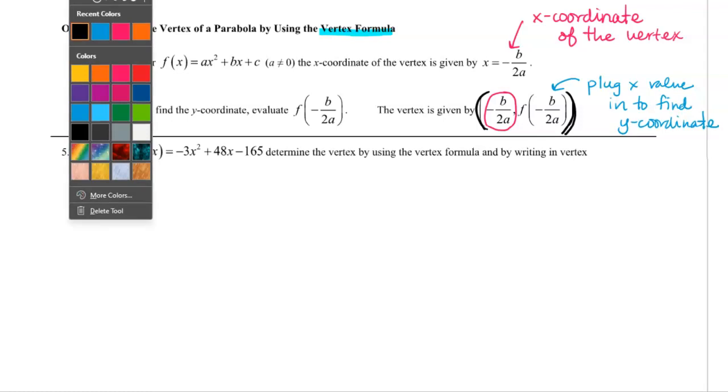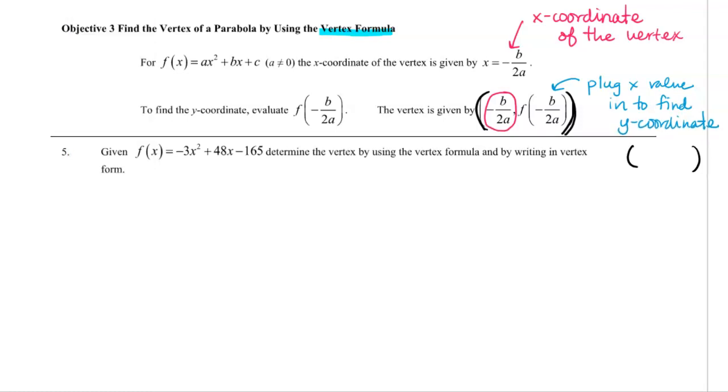So we've talked about the formula that's going to give us the x coordinate of the vertex and then give us the y coordinate of the vertex. So let's start with finding the x coordinate. The formula says that the x coordinate is equal to negative b over 2a. Let's start plugging in. Looking at this quadratic here, we can see that a is -3, b is 48, and c is -165.